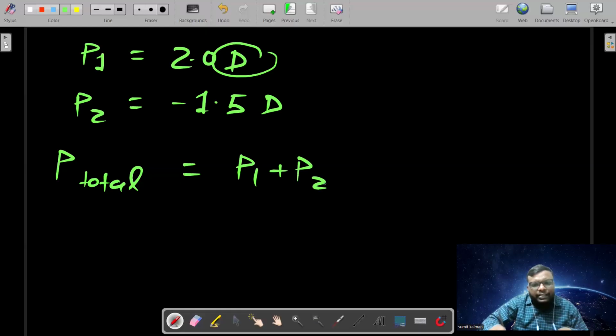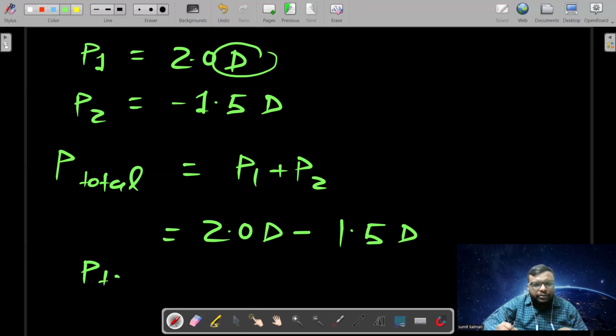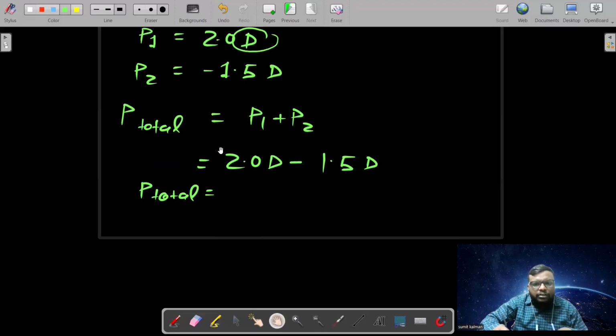We will simply add these two powers, and it will become 2.0 minus 1.5, and total power we will get, it will be 0.5 diopter.